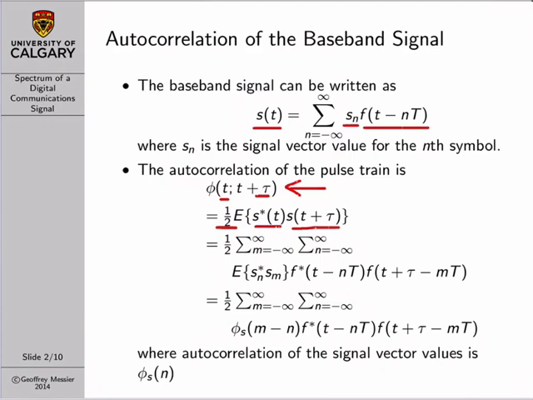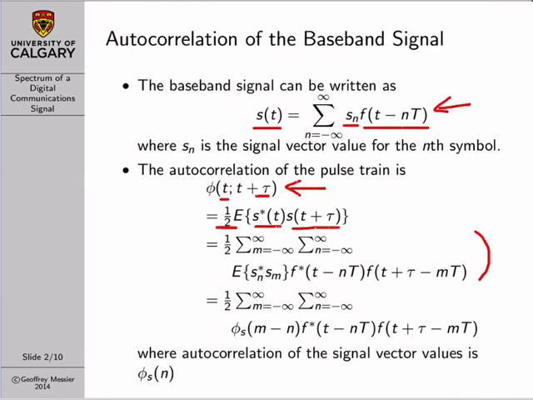And so all we do for the next step is to just substitute in our signal expression and shift around the summation a little bit. And so to get to this second equation here, there's a couple of tricks that I did. The first thing was to move the summations for the 2 signals out front.